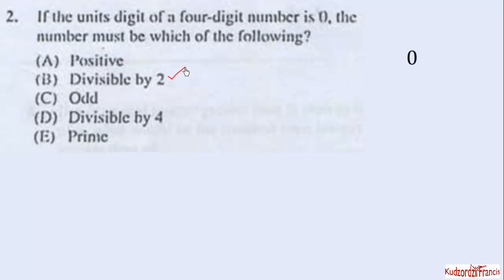We know that numbers ending with 0, 2, 4, 6 and 8 are all divisible by 2, not necessarily also being a 4-digit number. So this is just here to distract you. Then odd, no. Divisible by 4, not all numbers ending with 0 are divisible by 4. Prime, not at all.